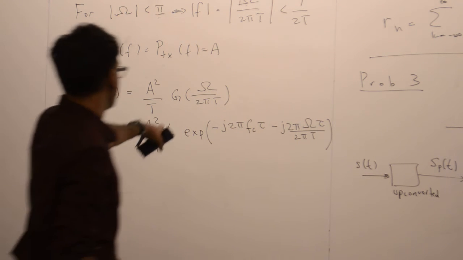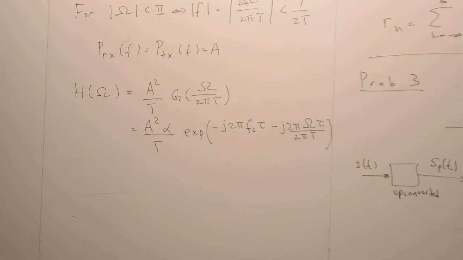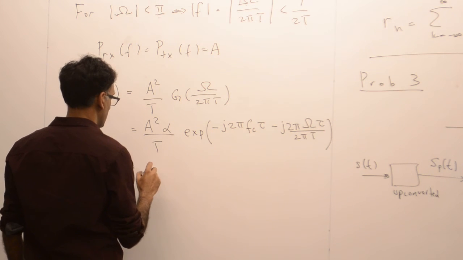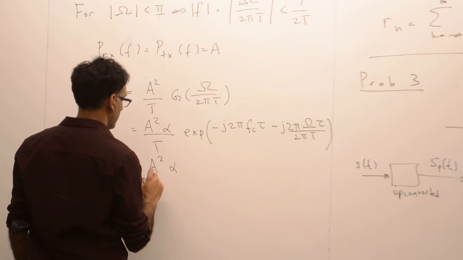Because I just took my g of f is here, and I put f is equal to omega over 2 pi t. I put it here. This is equal to a squared alpha over t.